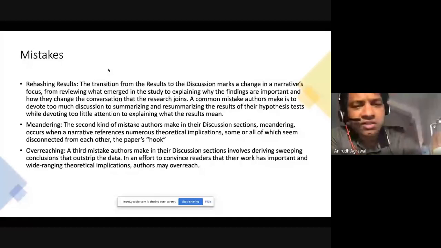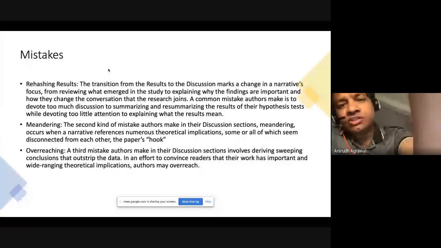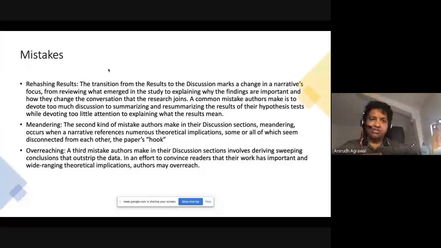Something like this, and that sentence about Porter's study in NASDAQ should be there in the literature review. You should not go out of the literature review in your discussion section. You should mesh the discussion section with the literature review and the introduction.